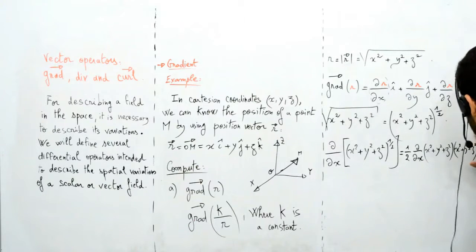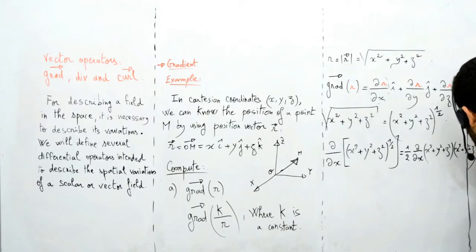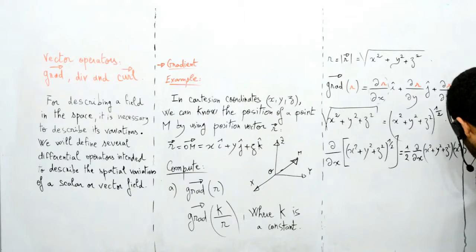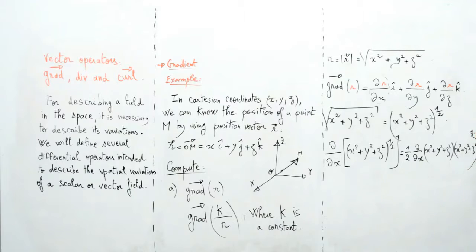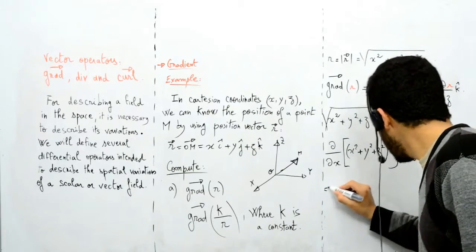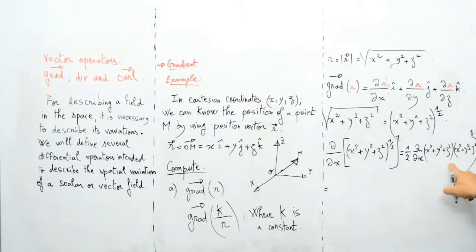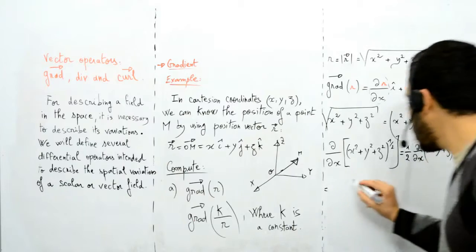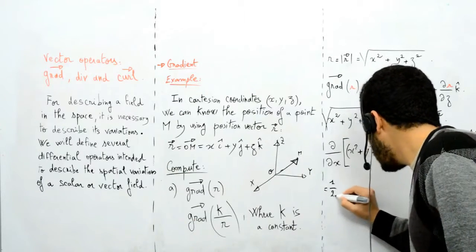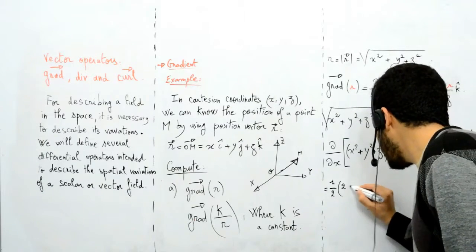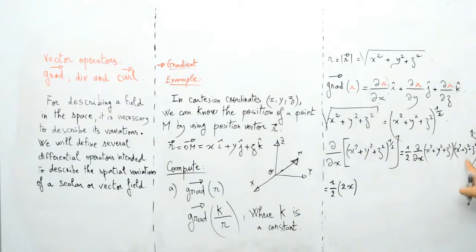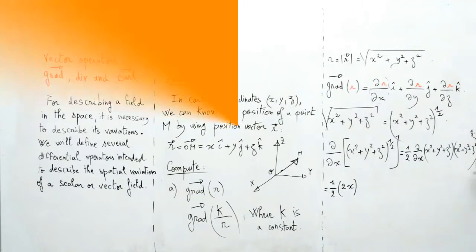So here I have this to the power of 1 over 2 minus 1. So this partial derivative is exactly 2x because I consider my y and z constant. So I have 1 over 2 times 2x and 1 over 2 minus 1.